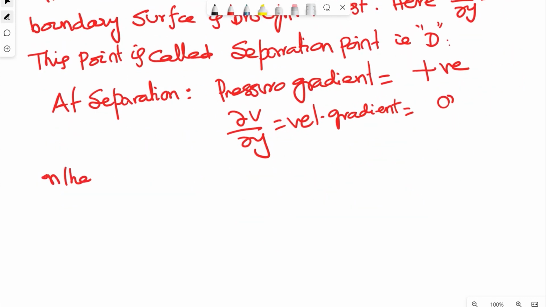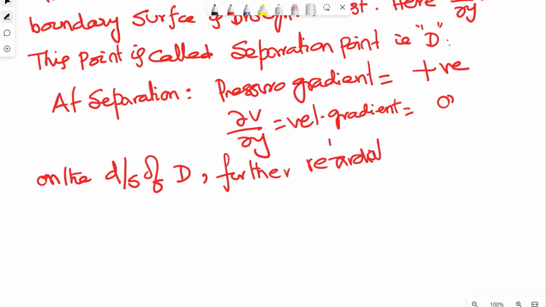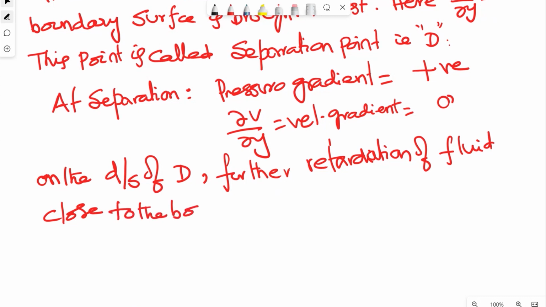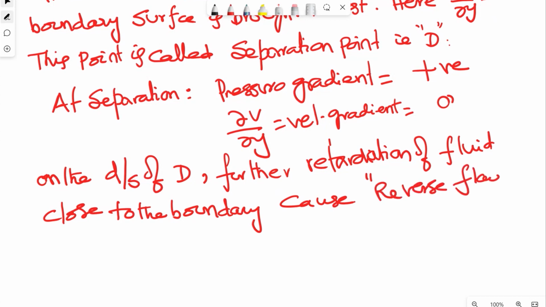On the downstream of D, beyond D, further retardation of fluid close to the boundary causes reverse flow, that is precisely at E as we have shown.